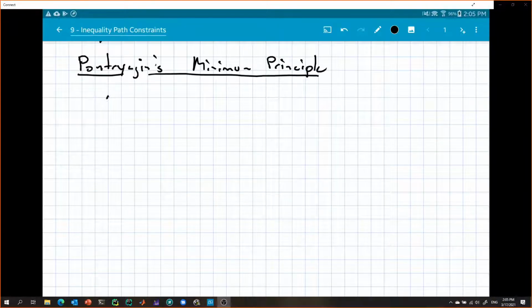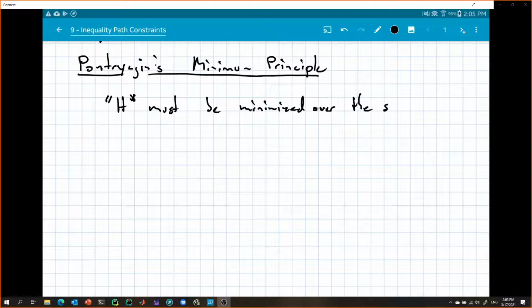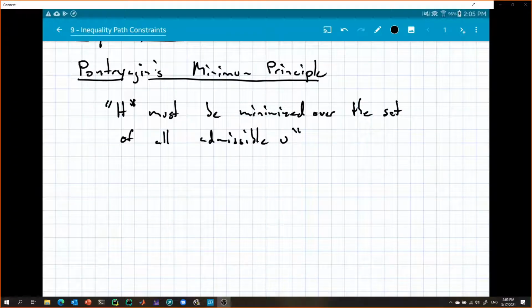But really succinctly said, the optimal Hamiltonian must be minimized over the set of all admissible controls U. So admissible means the same as it always means, but it's the controls.